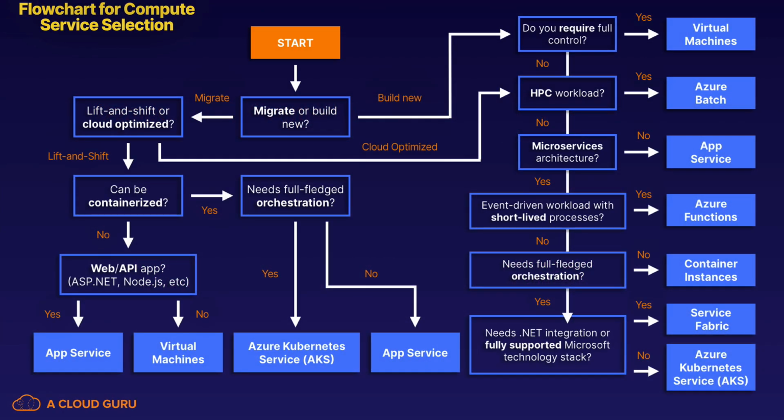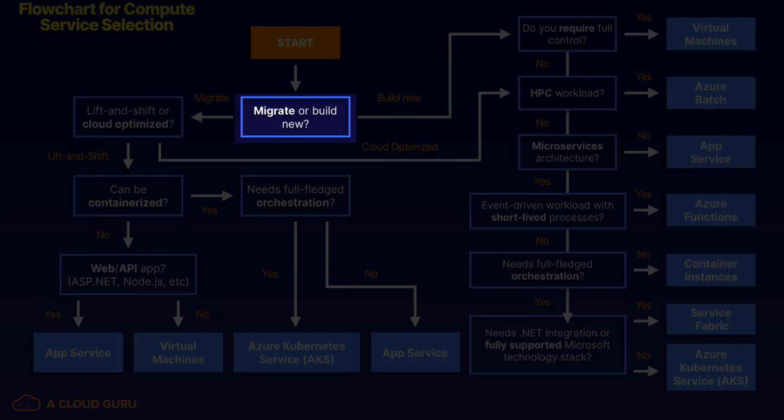So this is a flowchart for compute service selection. Now, I'm not going to walk through every step of this. The main things that you'll need to know, your differences, primarily, is going to be, are you migrating services or are you building new?